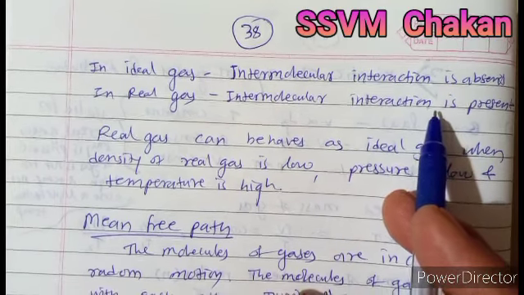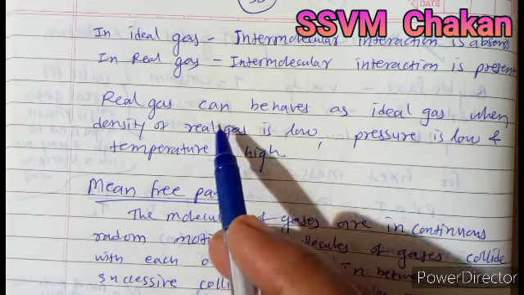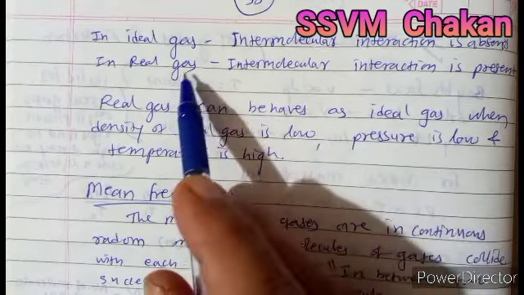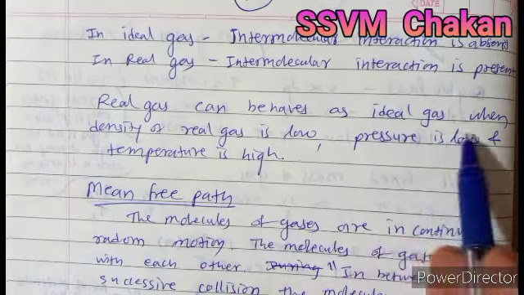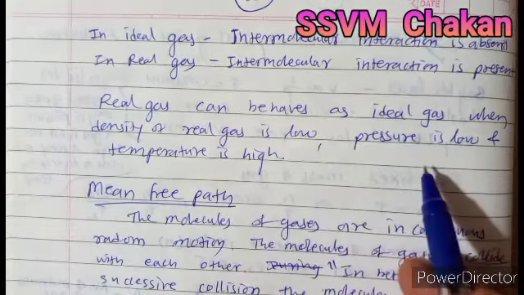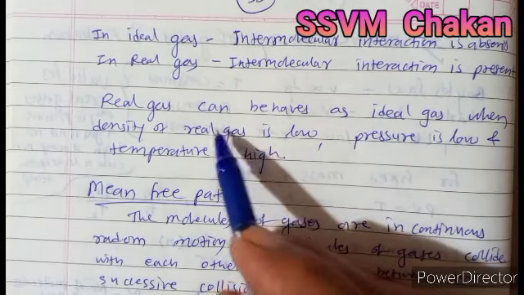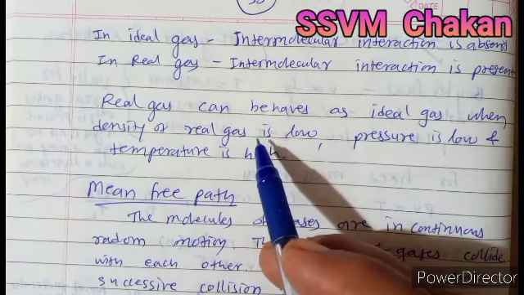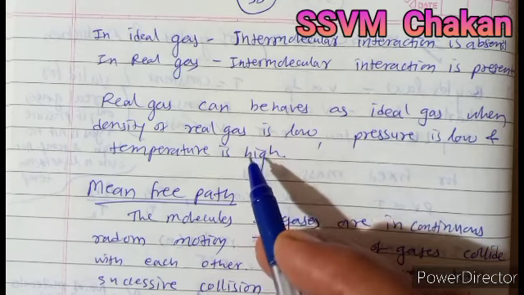A real gas can behave as an ideal gas only when the density of the real gas is low and pressure is low but temperature is high. This condition you may create in the laboratory.